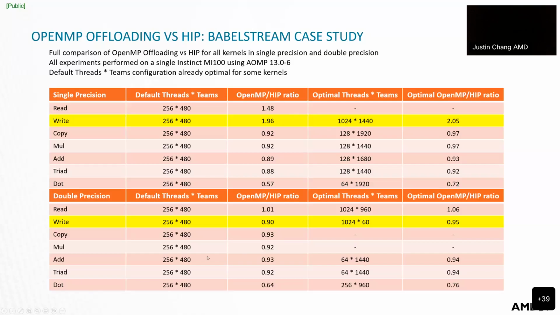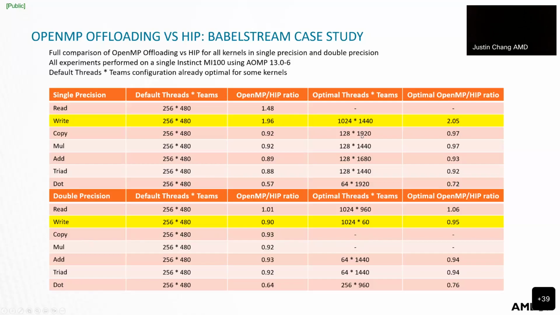There are also some cases where the default threads and teams configuration was optimal for MI100. But again, this is data from 2 years ago, and on an MI250X it probably is very different.